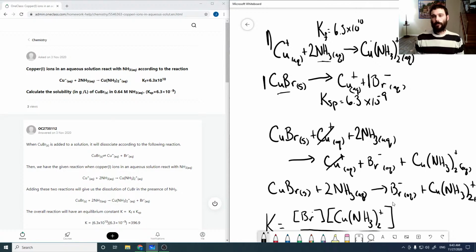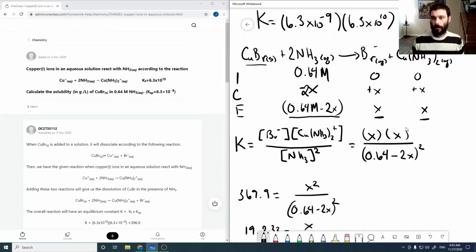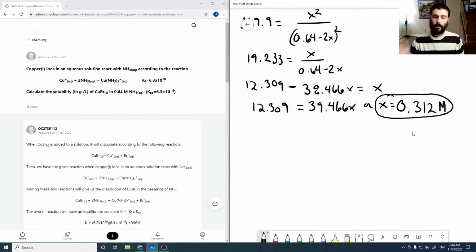So X is exactly equal to the amount of bromine, and so X is also equal to the molar amount of our copper bromide.